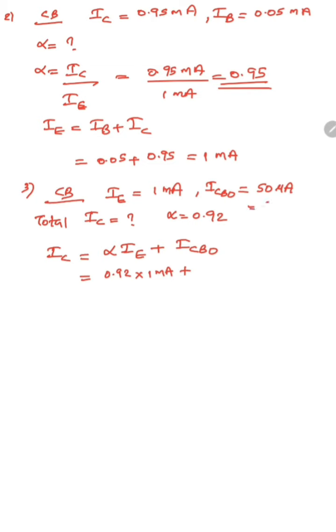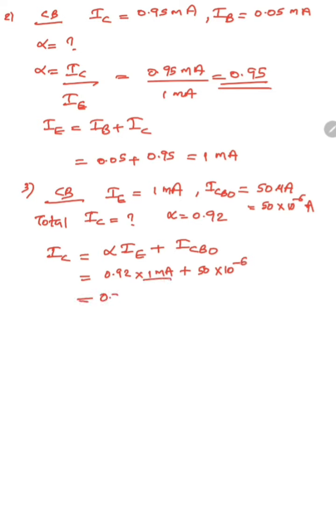So, 50 microampere is 50 into 10 raised to minus 6 ampere. We have to convert this into ampere.